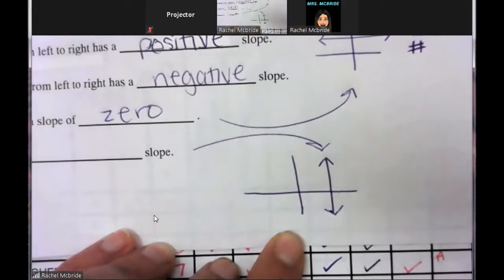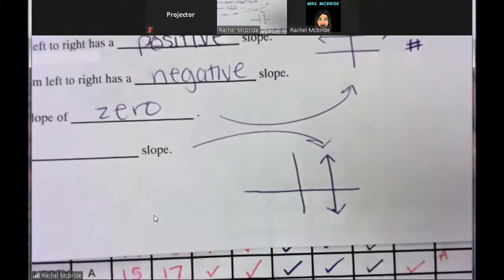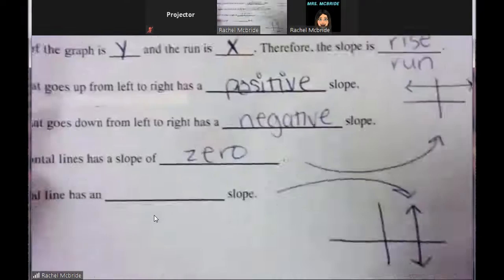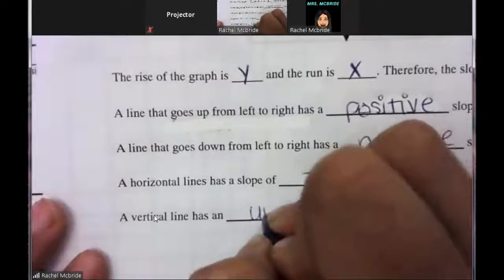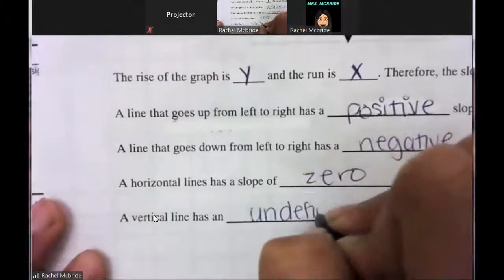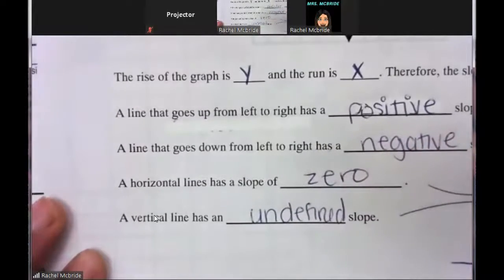So no change at all in your x. If your x's don't change, that means you have a 0 in the bottom, and we call that slope what? If you divide by 0, what do you call that slope, Madison? Yeah. So a vertical line has an undefined slope.